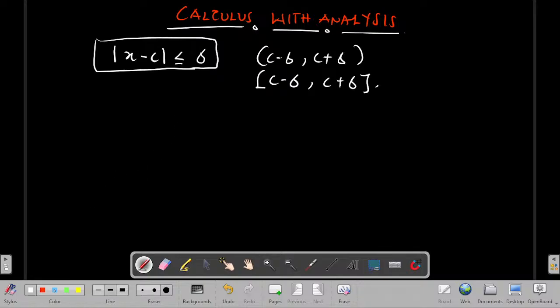Now let's make more sense. Our first problem, problem one, says that the absolute value of x plus 3 is less than or equal to 5.